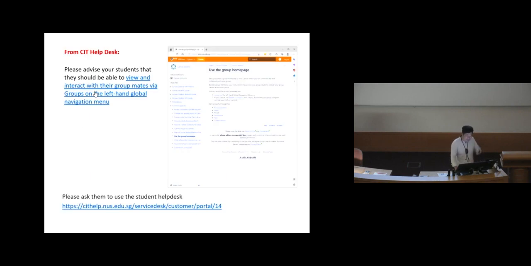I reported the problem to the help desk, and the help desk said I should inform you that you can view and interact with your group mates via Groups on the left-hand global navigation menu. There's also a wiki page on how to use the tools.